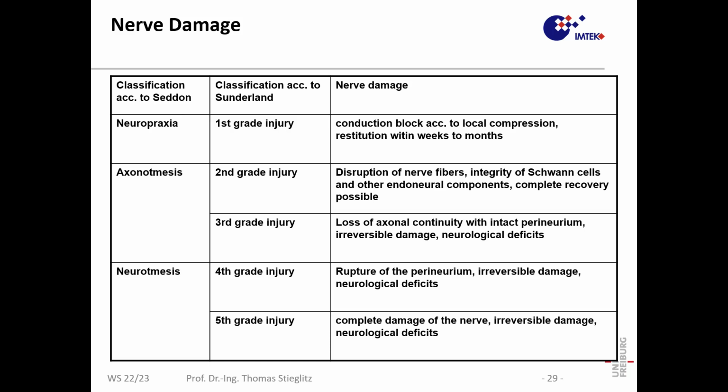If the perineurium is ruptured, that means everything is loose in space, it looks more like a salt and pepper pattern, then you have irreversible damage and neurological deficits remain for sure. And that's the same if the complete nerve is damaged.